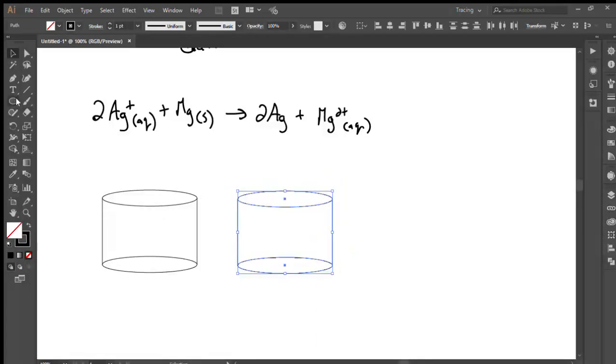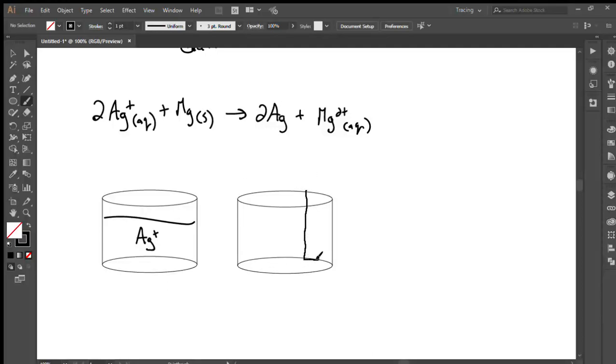In the one container, we're going to start with our silver ions, and the other container we're going to put an electrode of magnesium. On this one, we're going to put an electrode. Again, it doesn't really matter what the electrode is. In fact, there's a process that will do something like this we'll talk about in a little bit. Okay, so let's see where the electrons come from.